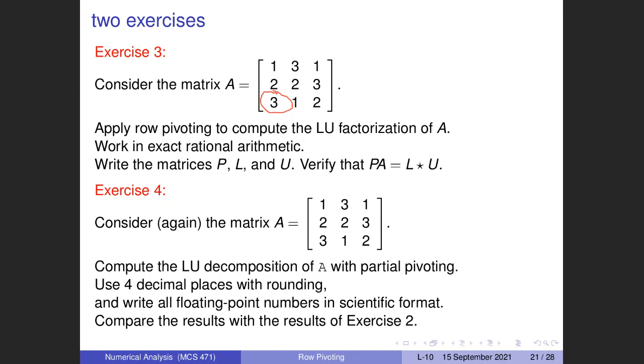That program will output all the intermediate matrices, so we can compare the results with the results of exercise 2. The main purpose of exercise 4 is to see that working in exact rational arithmetic is overkill.